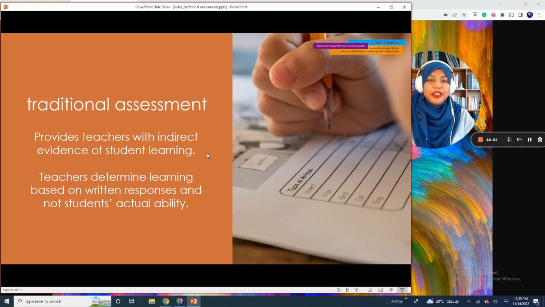Despite all of its limitations and disadvantages, traditional assessments have a special place in educators' hearts because of certain characteristics. Now this is what you have to read up and find information on, as the answer to one of the article review questions.